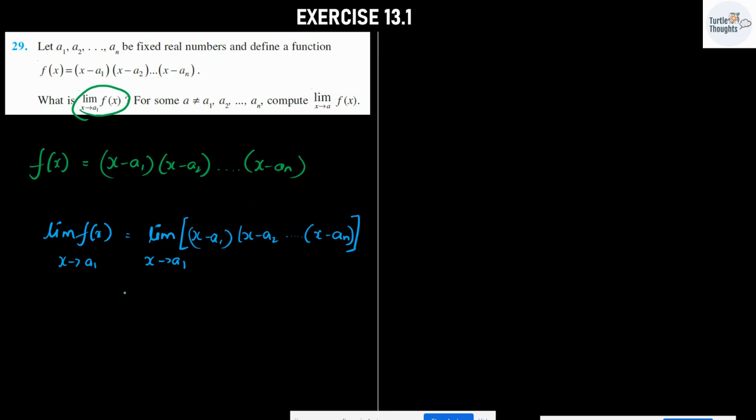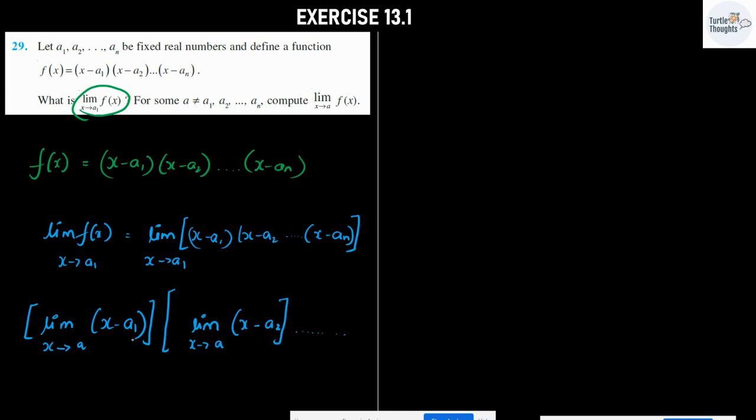So I will be getting the limit of the function as x tends to a for x minus a1, multiplied by the limit of the function as x tends to a for x minus a2, and so on.